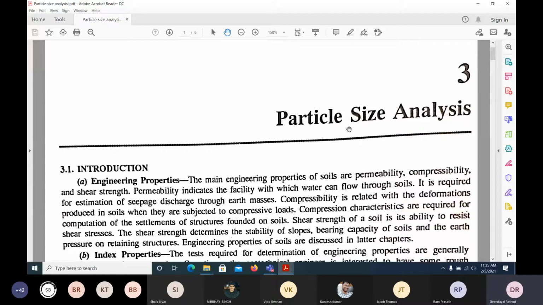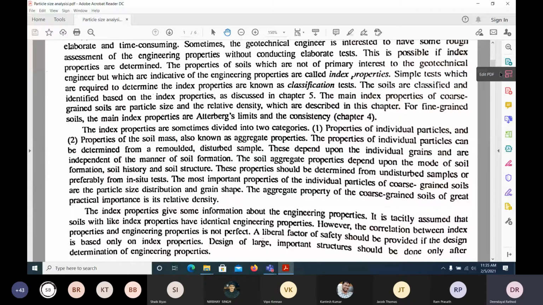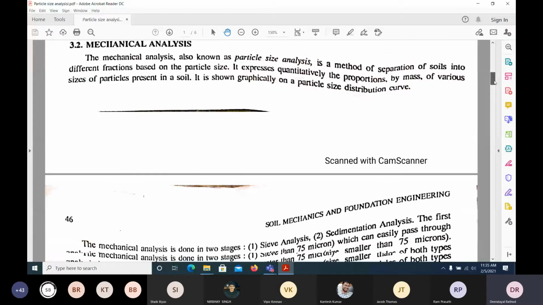We cannot do it with the help of a sieve, we cannot sieve below 75. We do hydrometer analysis, which means suspension techniques are used to categorize it. We'll prepare a suspension.